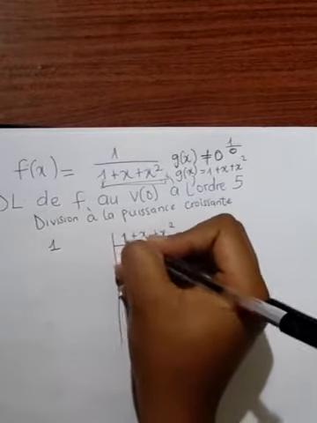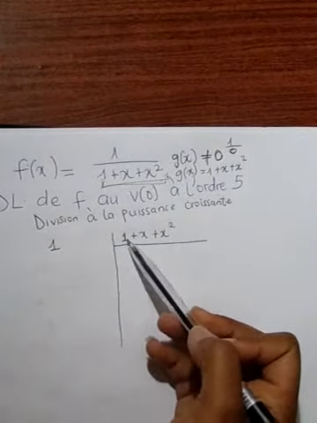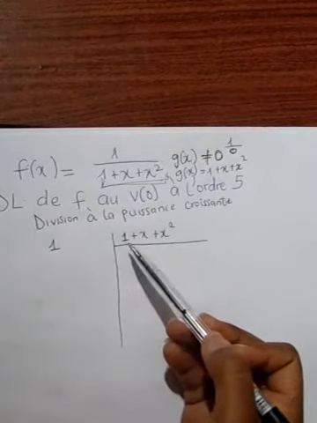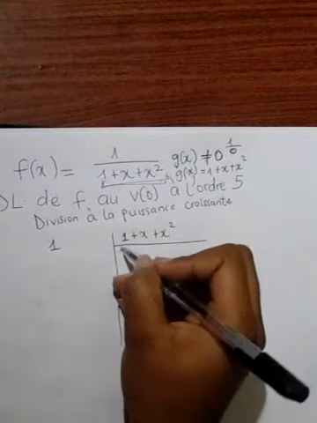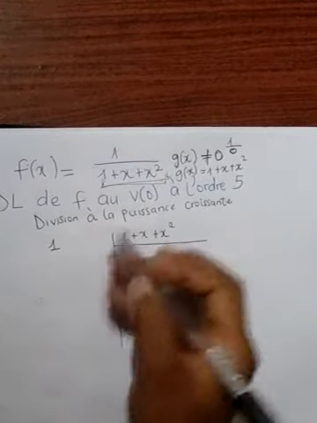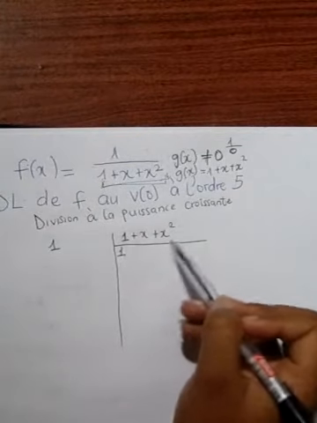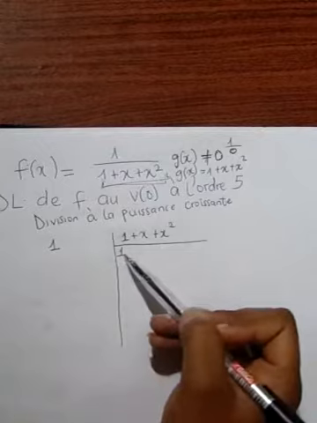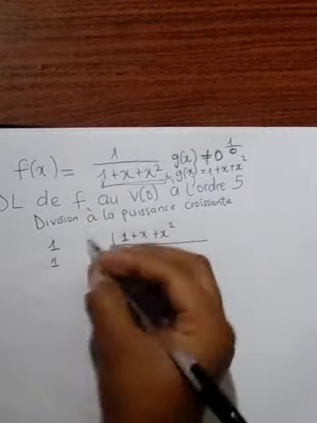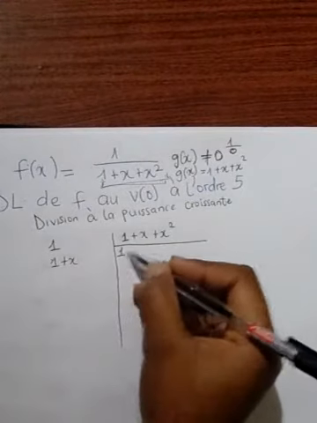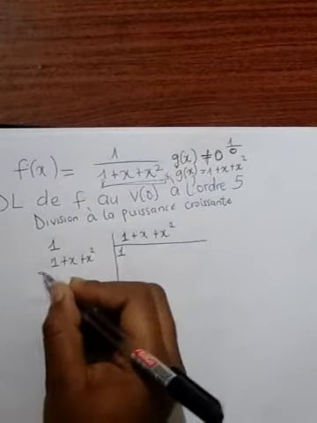What we'll do here is use this 1 to divide this 1 right here. So 1 all over 1, we're going to get 1. Now the next step is to multiply what you've gotten with everything in the denominator. So here we're going to have 1 times 1, which is 1, 1 times plus x, which is plus x, and 1 times plus x squared will give us plus x squared.